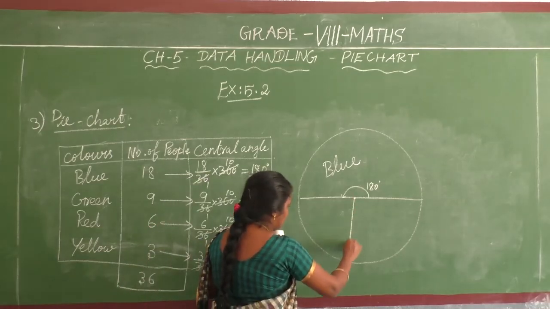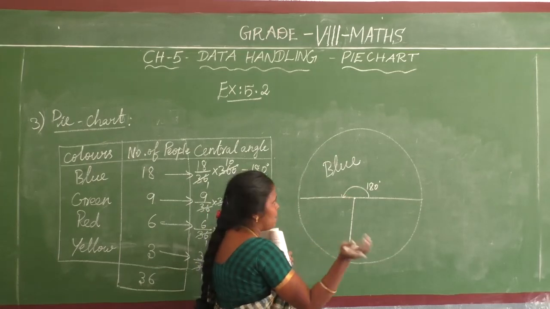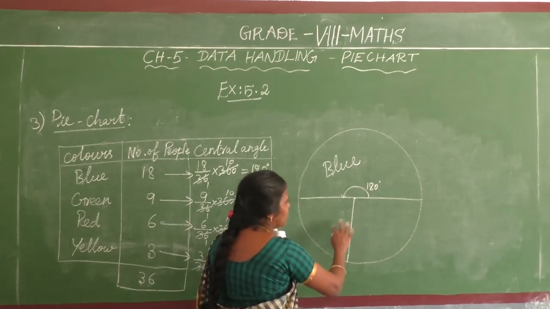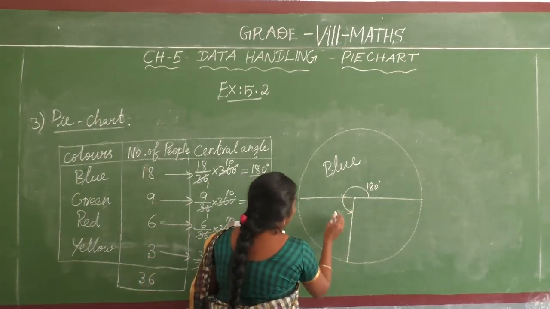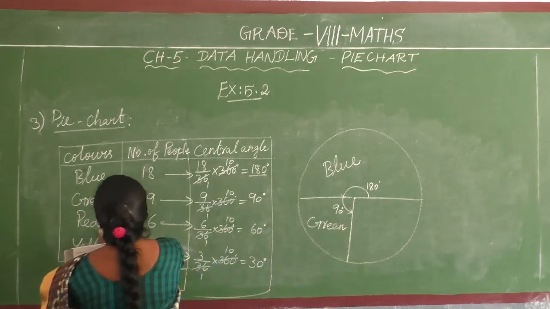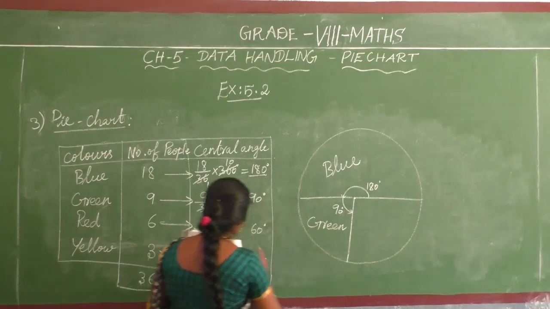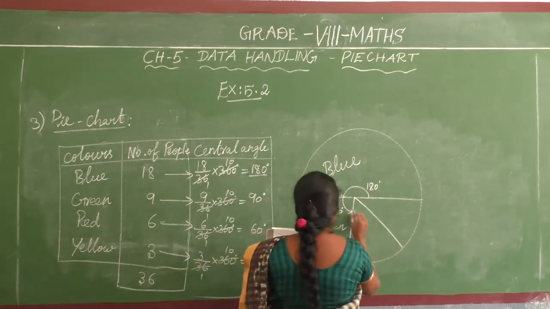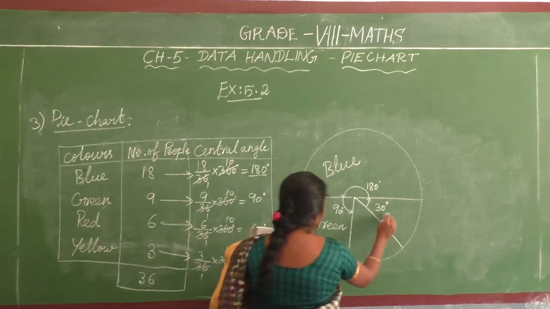Cut from the center. 90 degree comes, no. Here, see, central angle of the whole circle is 360. 30 degree occupied by yellow color.